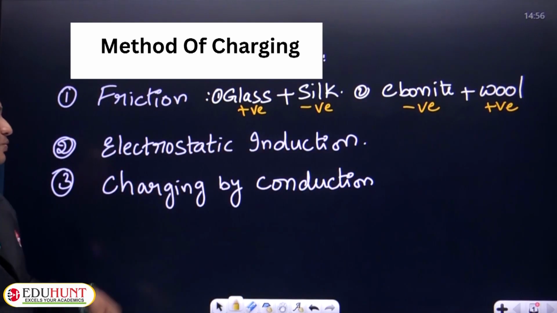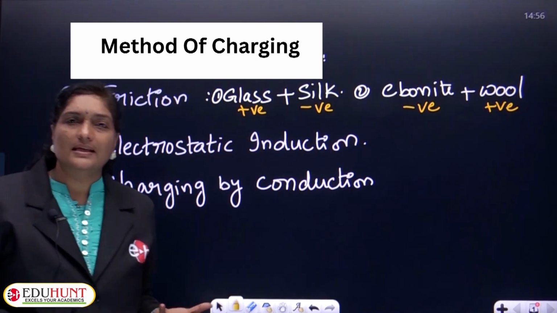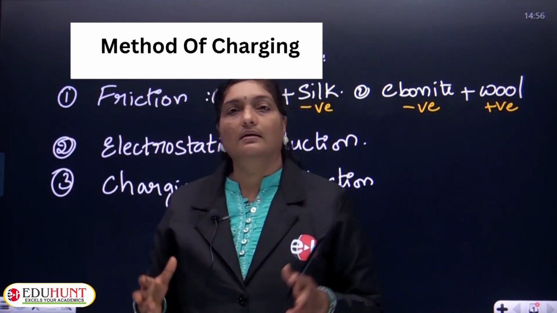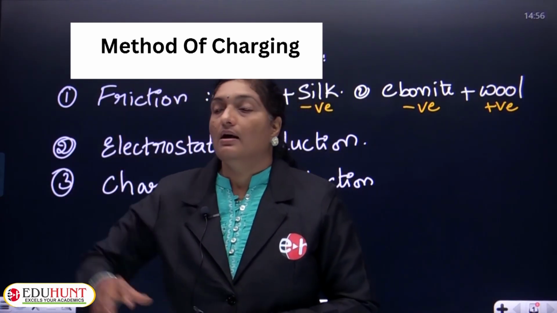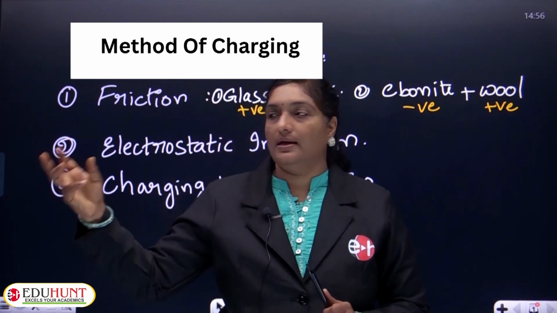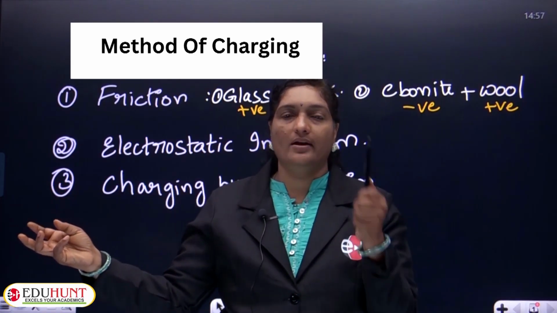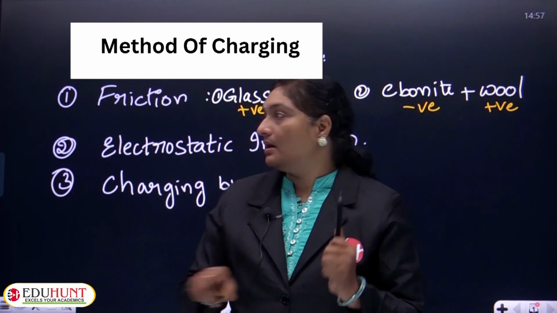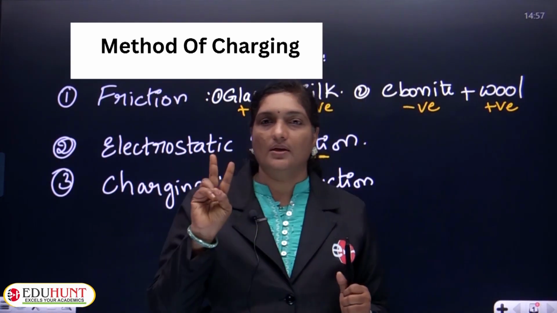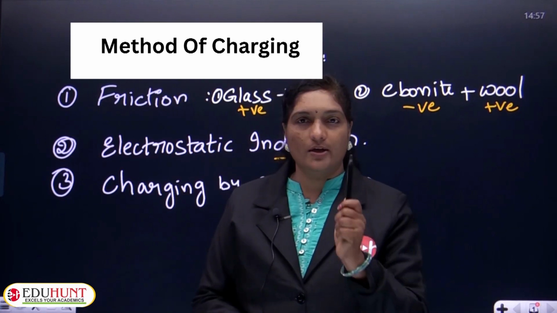Now moving to the next one, that is electrostatic induction. So what is electrostatic induction? For this, let us consider a small example. For the method of induction, we need to consider two bodies: a charged body and an uncharged or neutral body.